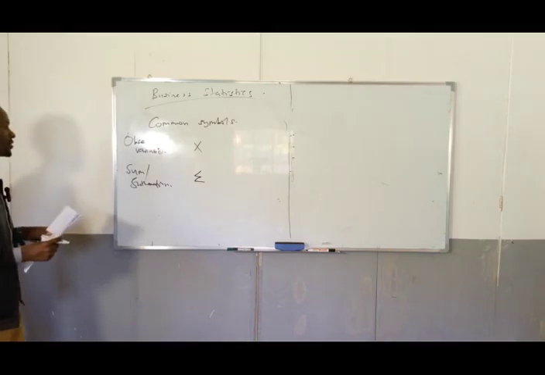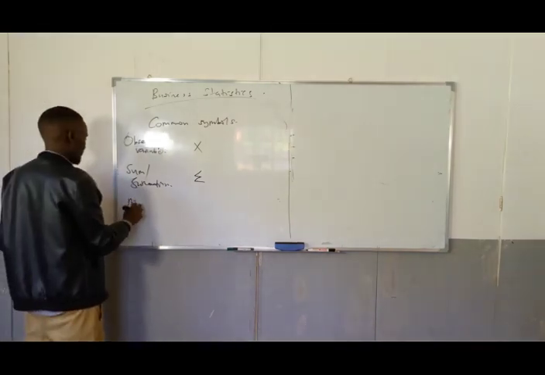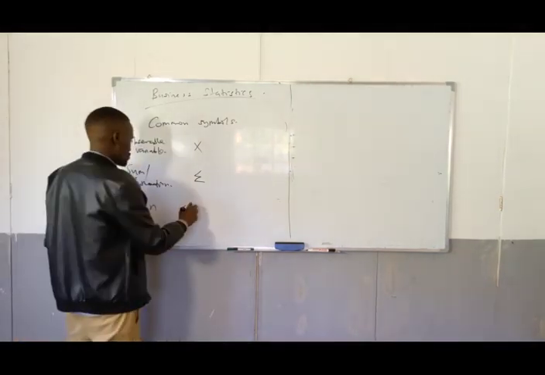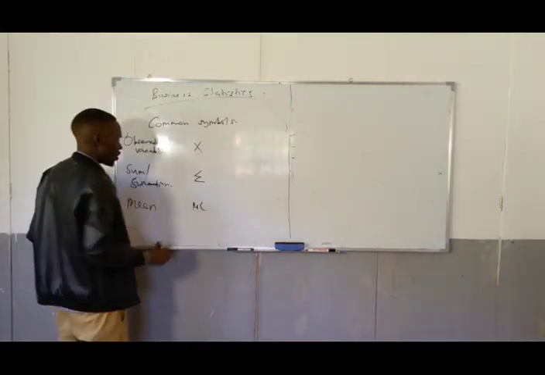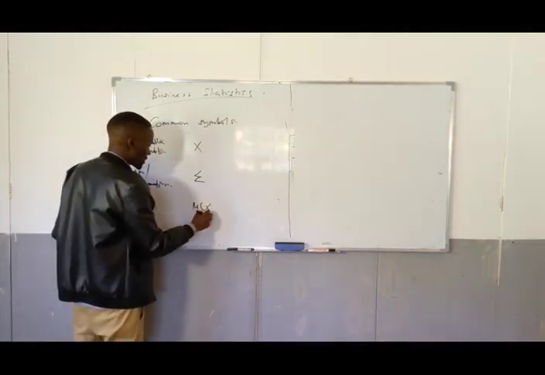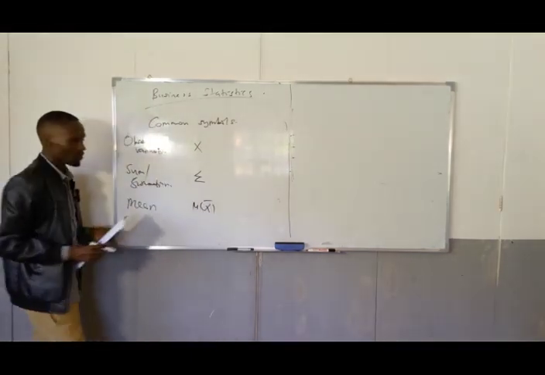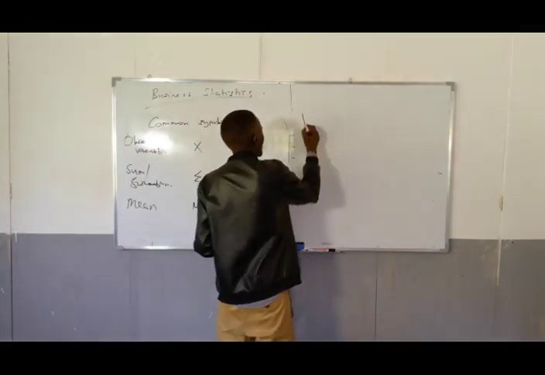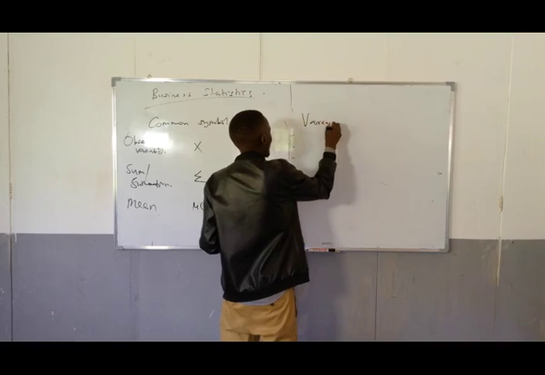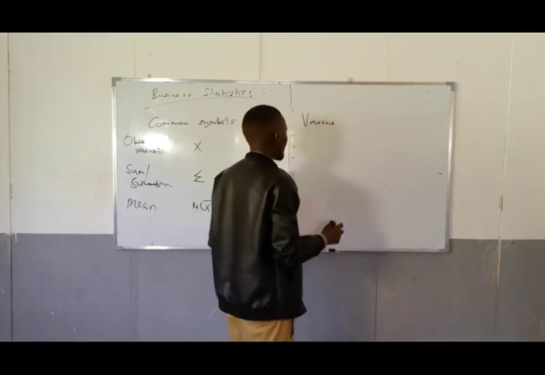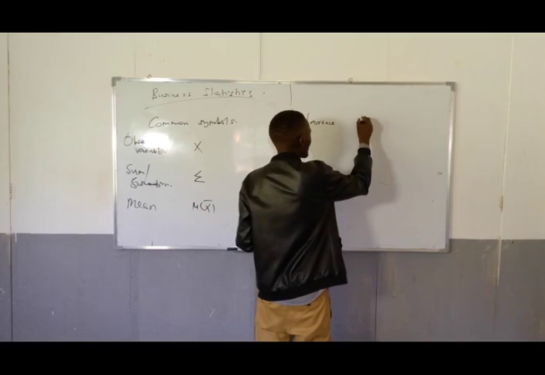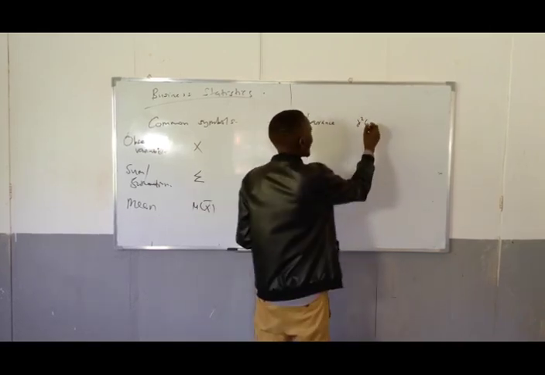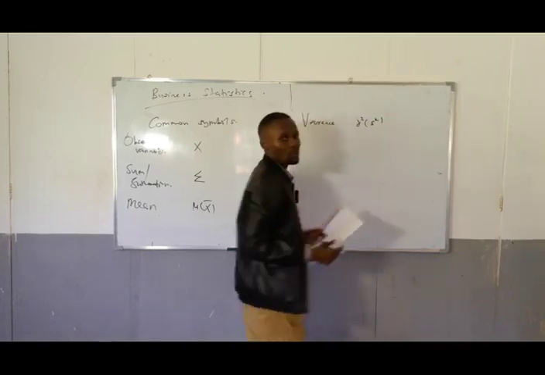Then we also have mean, which is normally denoted as mu, or you can use capital X and then you put a bar on top of capital X. Then we also have variance, which is normally denoted as little sigma squared, or you can write it as small s squared.